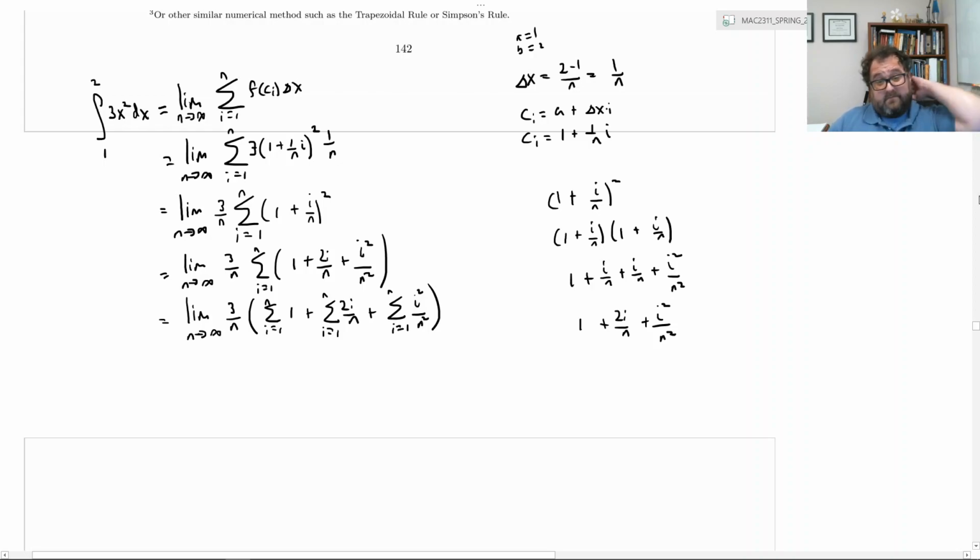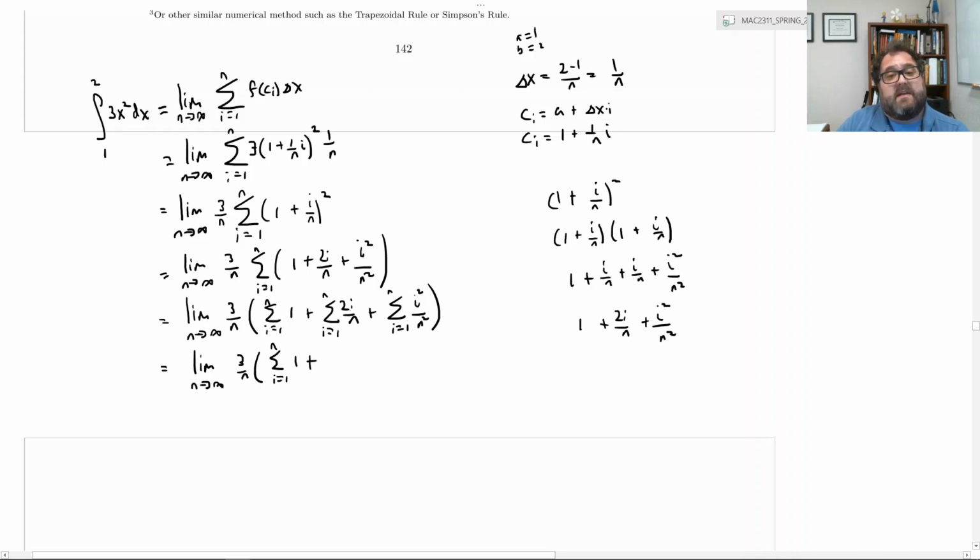Okay. Next up, we have some constant multiples we can factor out of the two latter summations. So we have the limit as n goes to infinity of 3 over n. Now that first sum, it's already the sum of a constant. Just leave it alone. Nothing to do there. But notice we have 2i over n.